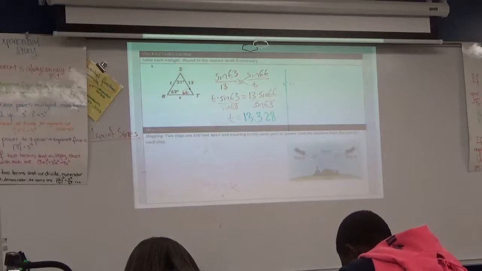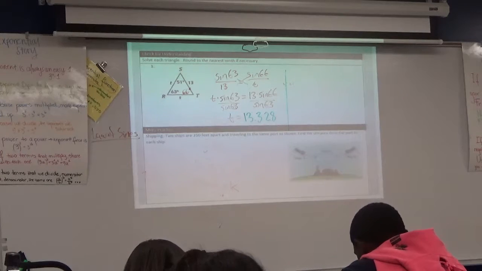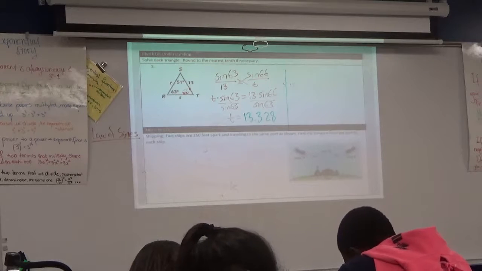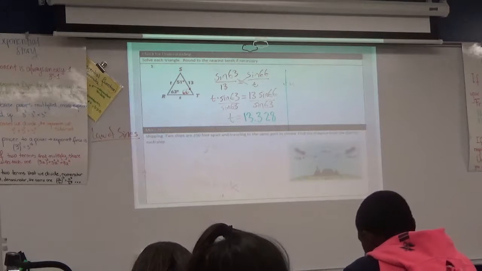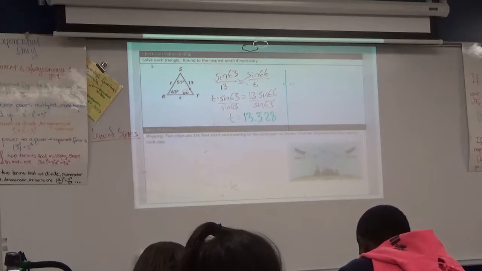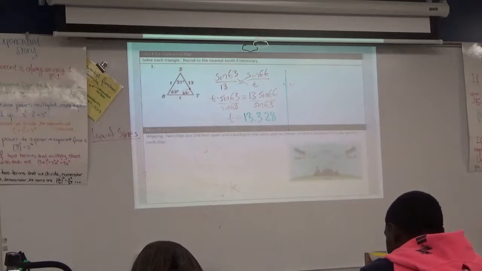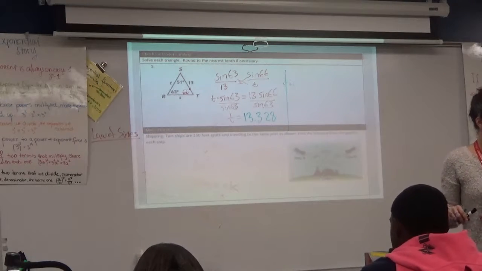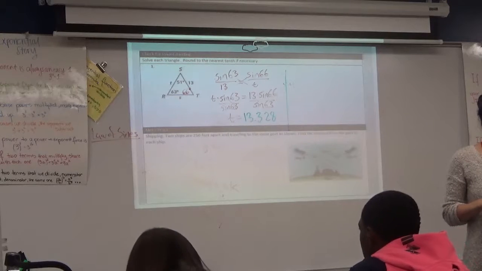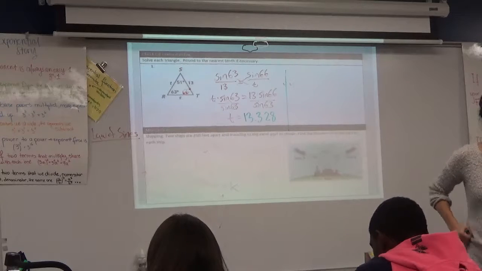I want you to show me what you would set up now to solve for side S. Pick someone to tell me the ratio. Everyone should be writing down the ratio they're going to use to solve for side S.